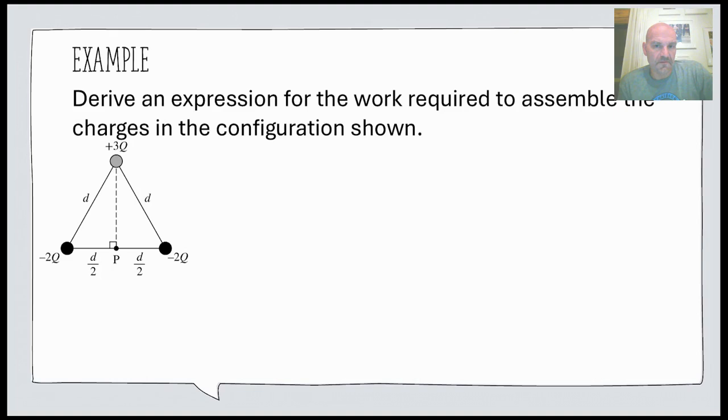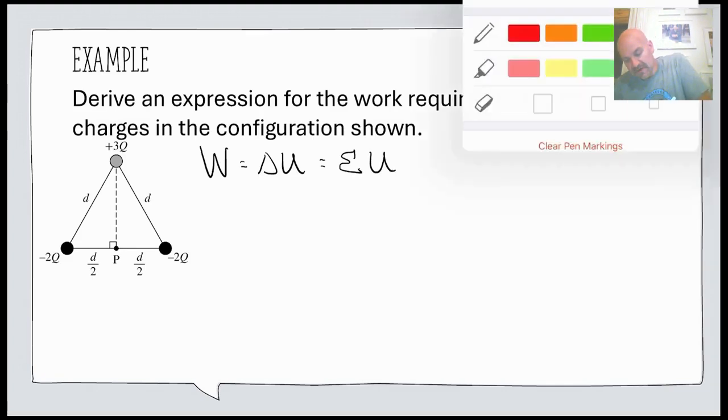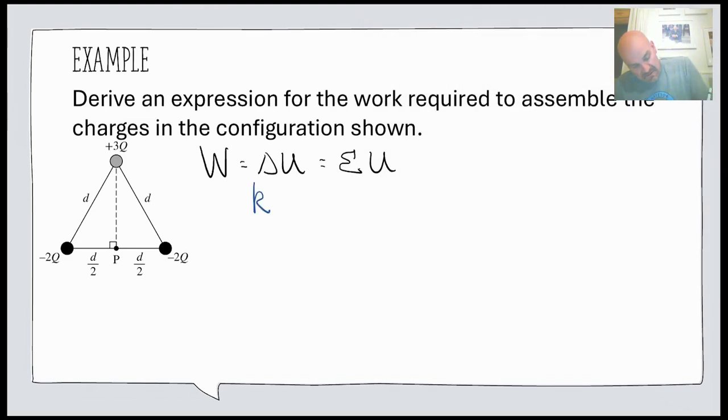Derive an expression for the work required to assemble the charges in the configuration shown. We're going to take these three charges from an infinite distance and bring them into this equilateral triangle configuration. Remember, work is the change in potential energy, which means we just sum up those potential energies. We'll call the charges 1, 2, 3.